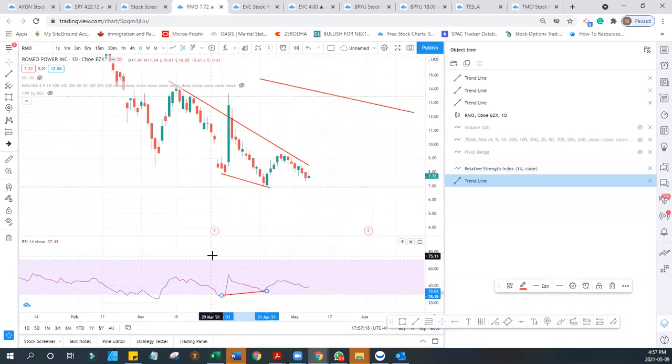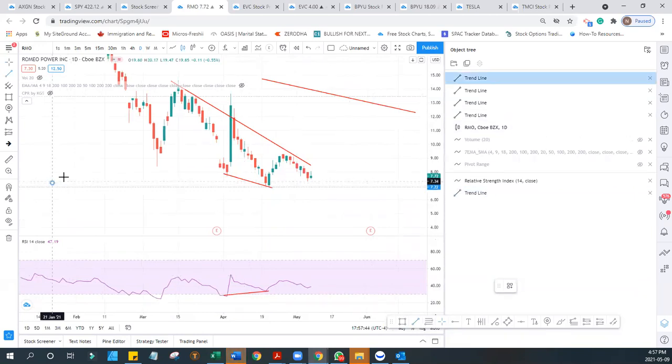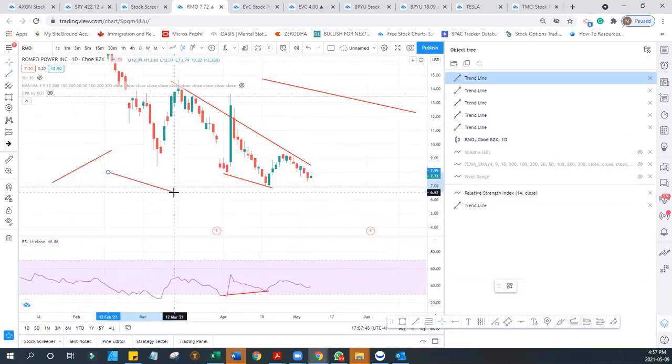So what the divergence means is there is a discrepancy between the RSI and the price. Usually when the price goes down, RSI goes down as well. But sometimes the price is moving down while the RSI, the momentum, the strength, is going up. This is called a bullish divergence. Whereas sometimes the price is going up but the RSI is falling.